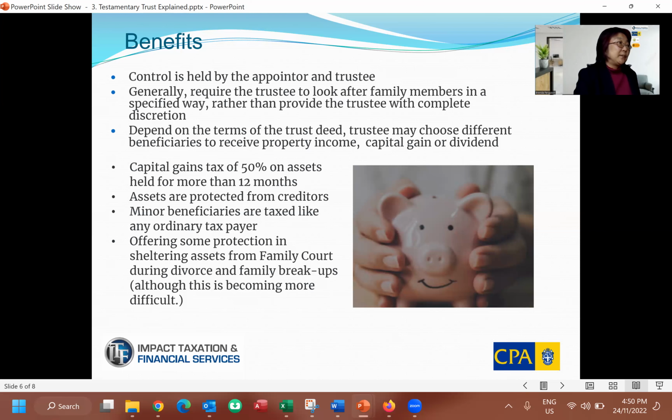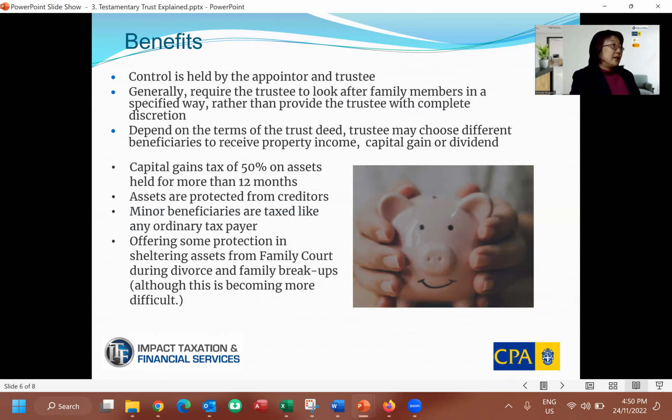So potentially, in one year, if the trust deed allows, they can choose one beneficiary to receive all property income, another beneficiary to receive all capital gain, and a different beneficiary to receive all dividends. That's one of the benefits. It's quite flexible, provided it's allowed by the trust deed.